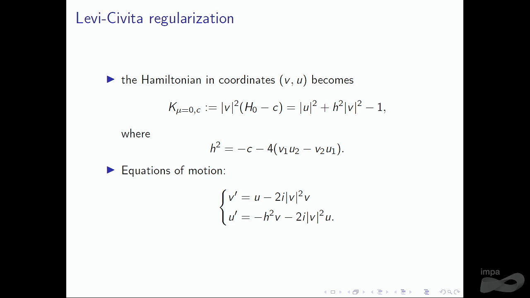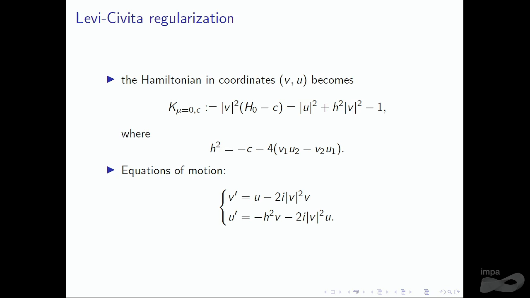We cannot eliminate this term, but again, this is an integral of motion. So this Hamiltonian is preserved by the flow. This is a symplectic transformation up to some factor, and this is a first integral of the flow.